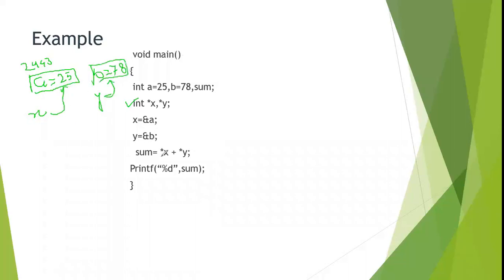If I write here sum is equals to asterisk x. Now what is this? Anybody who can tell me? What is the value returned by pointer x? Is it 2443 or 25? Anybody who can tell me?